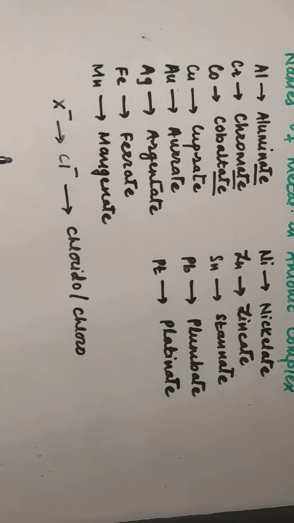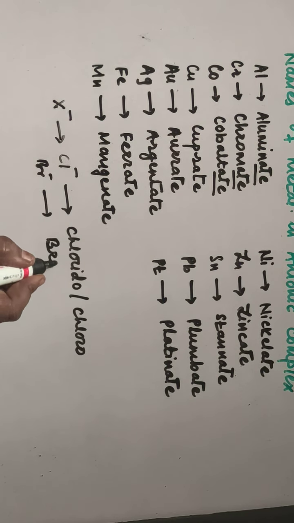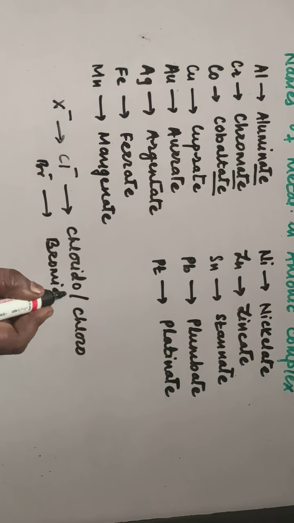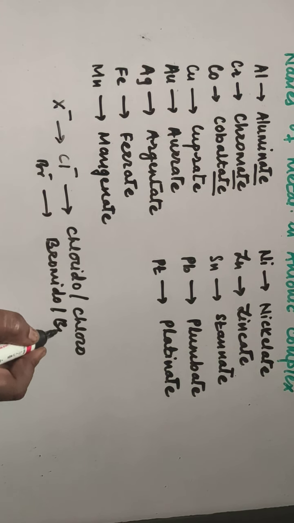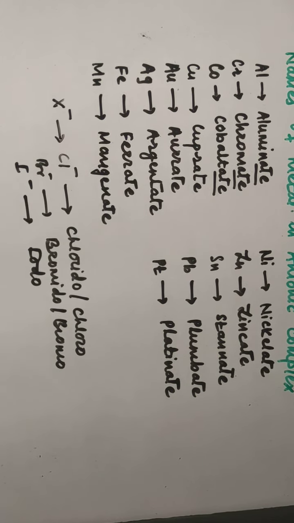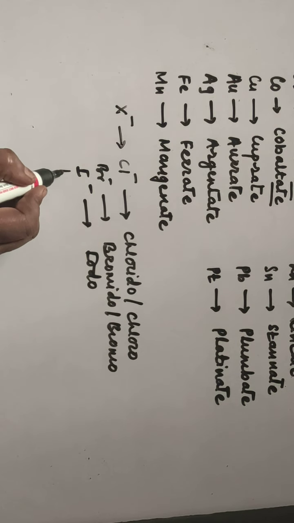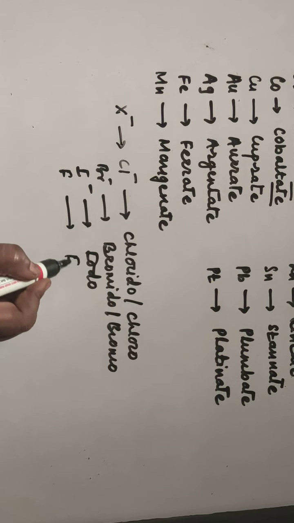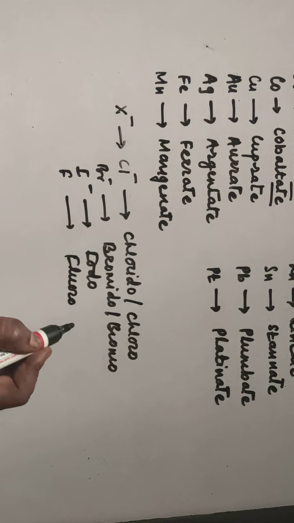Similarly, in case of bromide, Br minus, it is bromido or bromo. Then I minus is your iodo. If F minus is there, then it is fluoro, or you can write fluorido also.